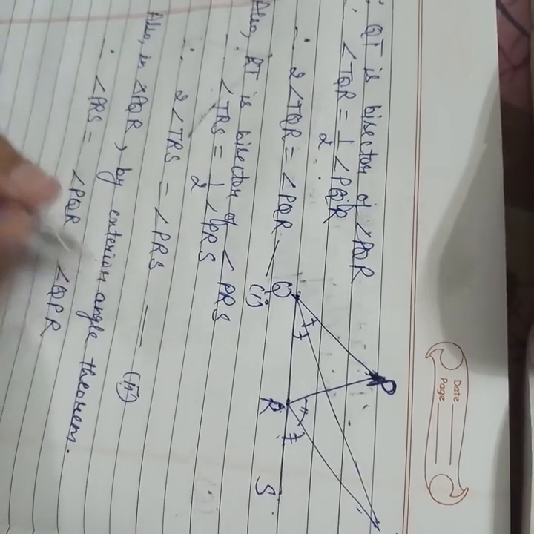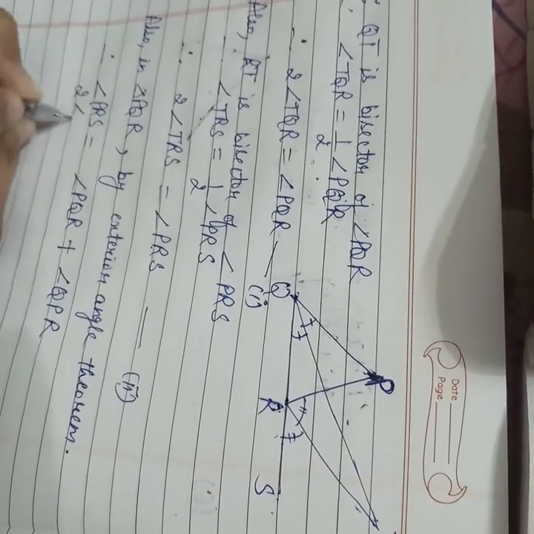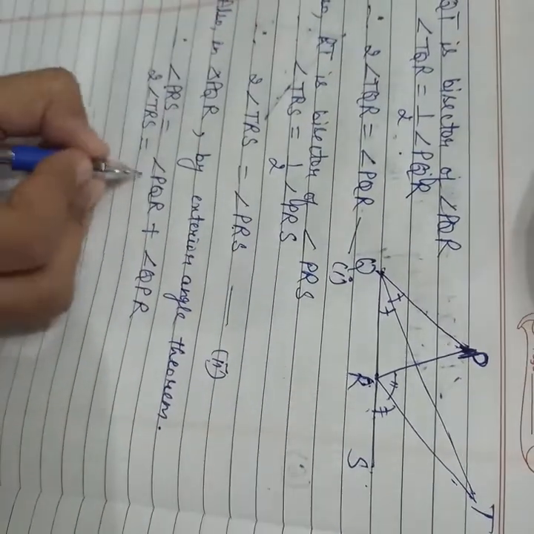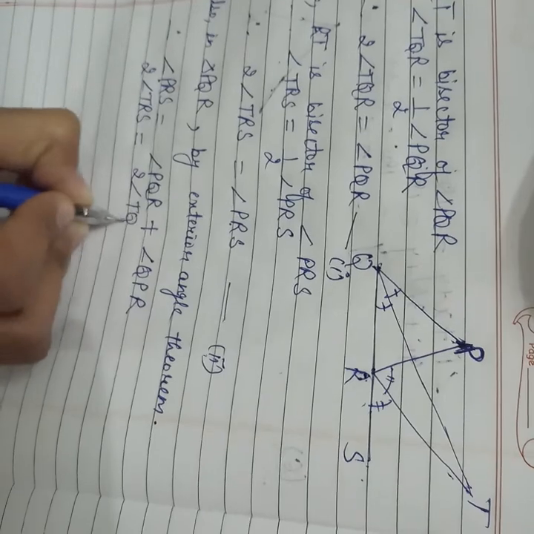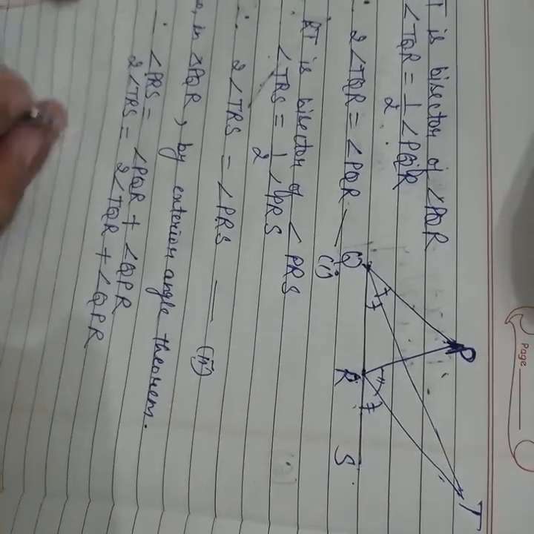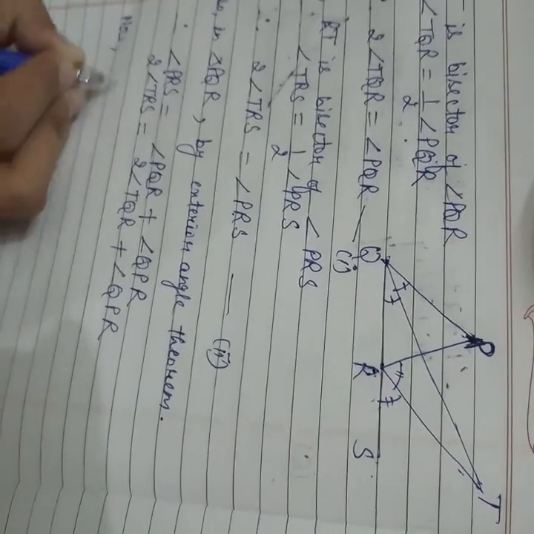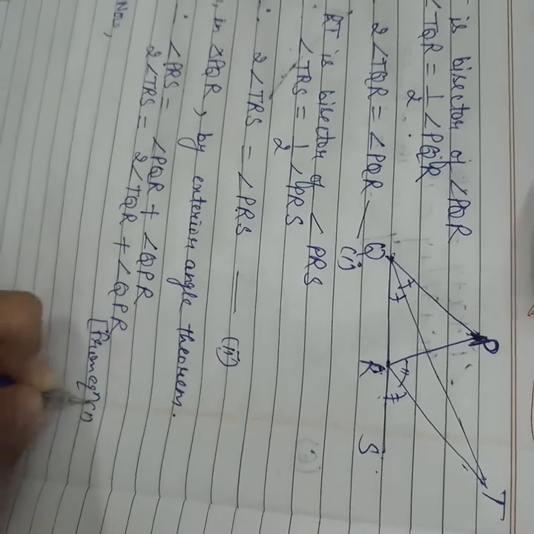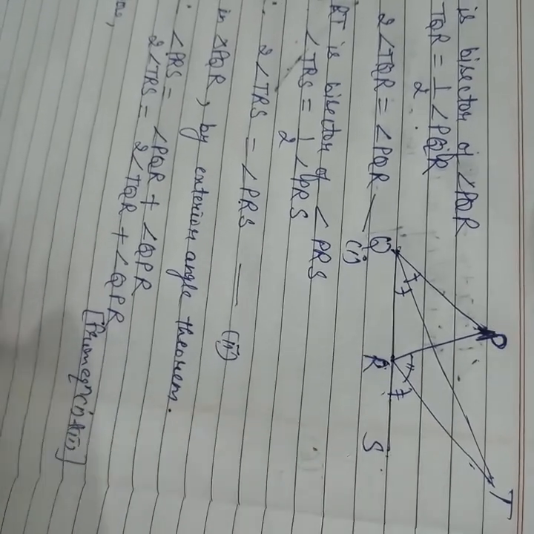Now PRS equals 2 times TRS, and PQR equals 2 times TQR, plus angle QPR. Now this is from equation first and second.